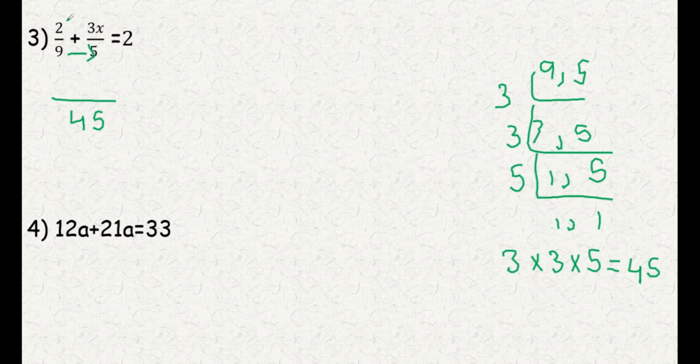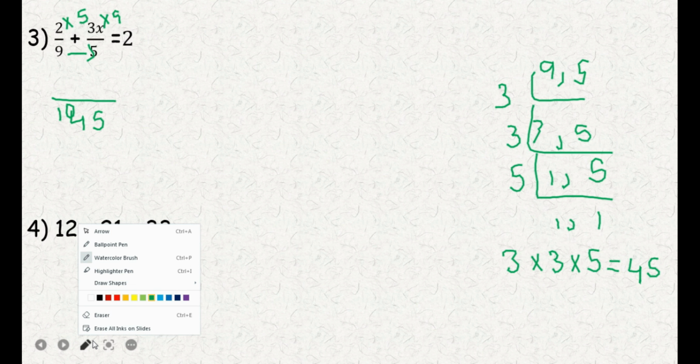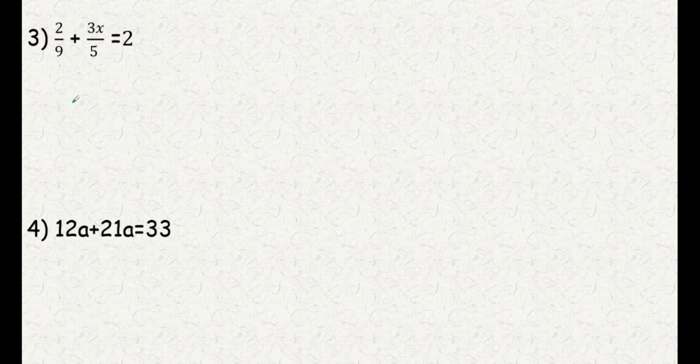Here into 5, here into 9, here 10. One minute, we can take from the first. It is 45 here into 5 into 9, 10 plus 27x is equals to 2.